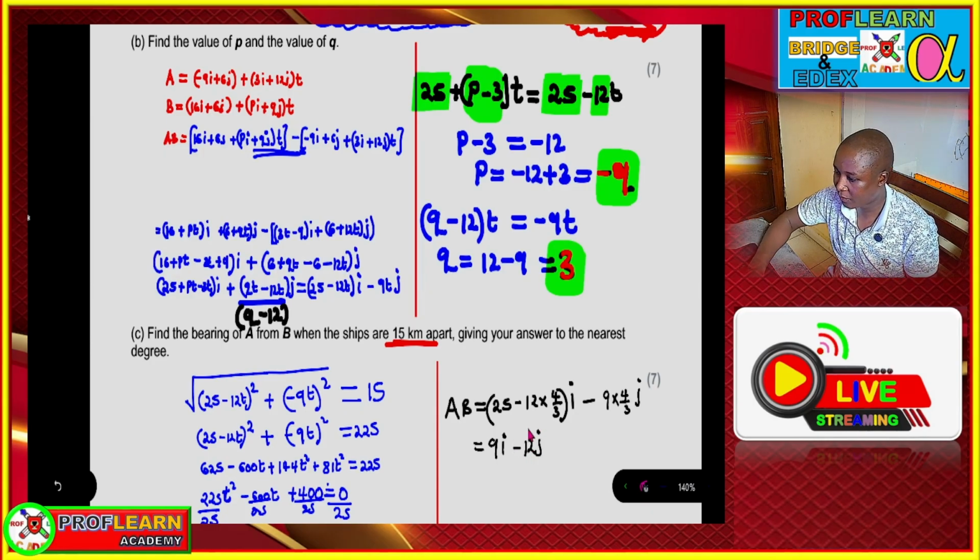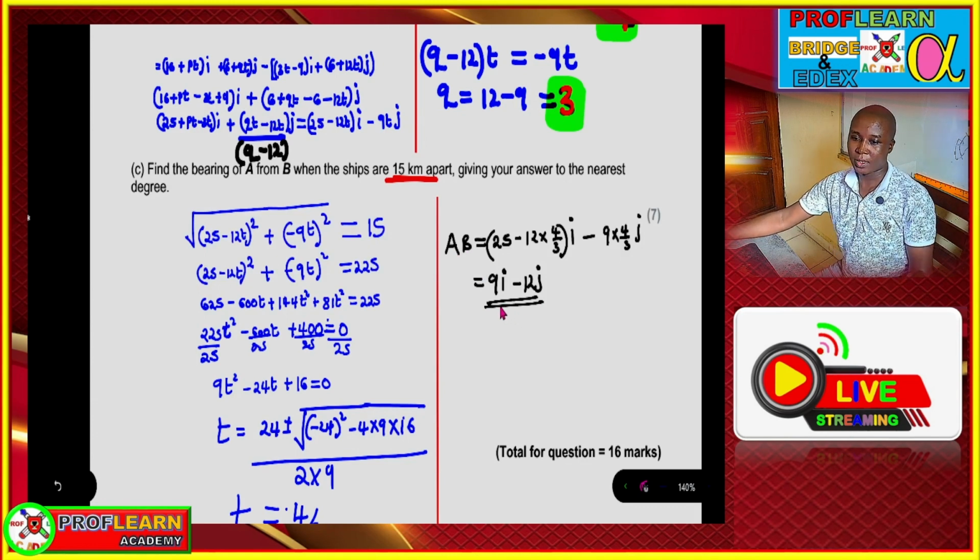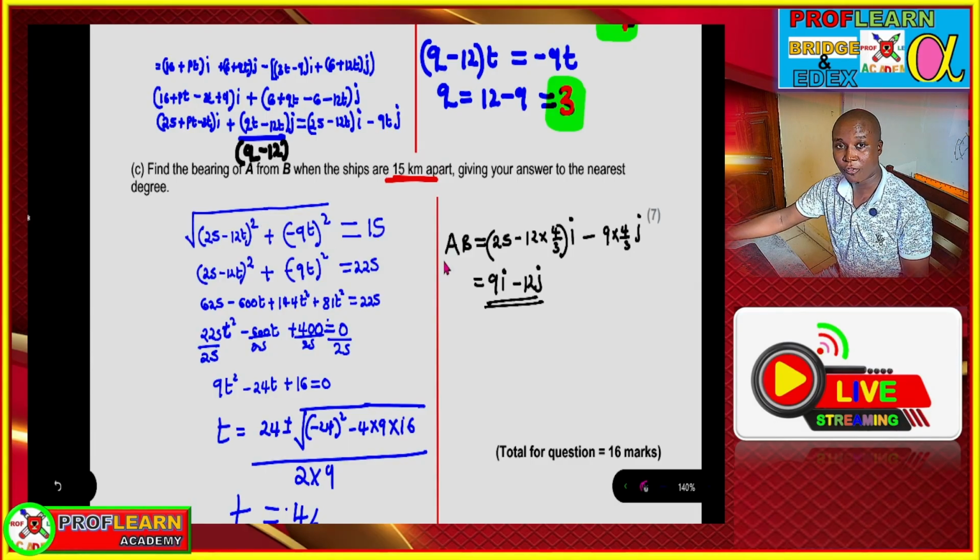Yeah, minus 12j. Since the displacement of B from A is this, it will also mean that the direction of A from B is going to be in the same direction.